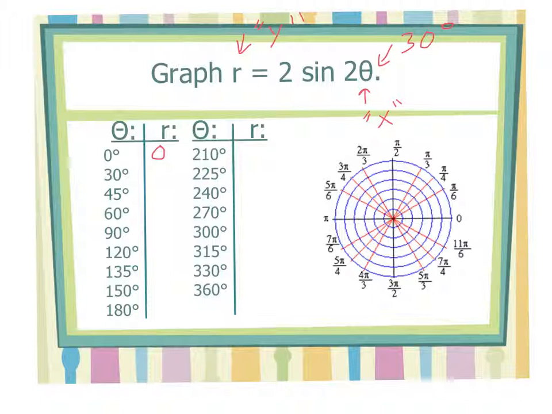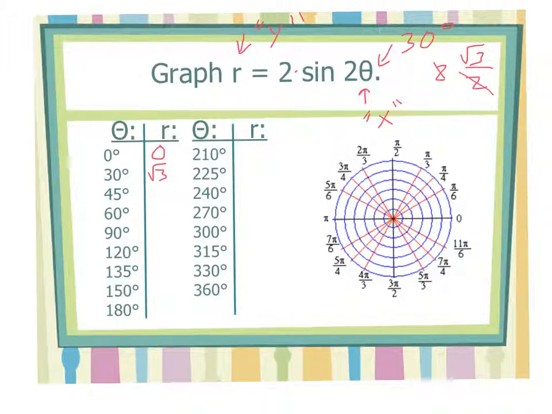Okay, I was still thinking 30. You got to remember to double it. This one's a little bit tricky because it's got the 2 theta in there. But the very first thing you do is double it. So square root 3 over 2. Then the last thing you do is multiply that by 2. So if I had square root 3 over 2 times 2, that cancels. R would be square root 3.